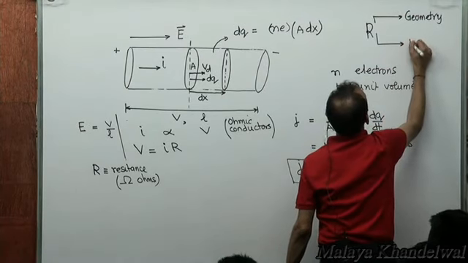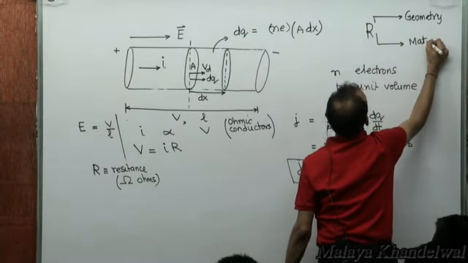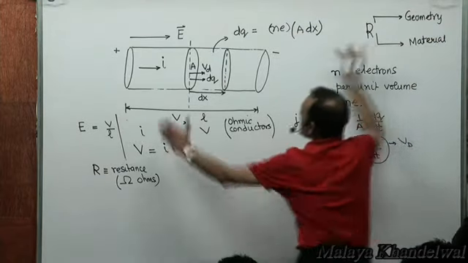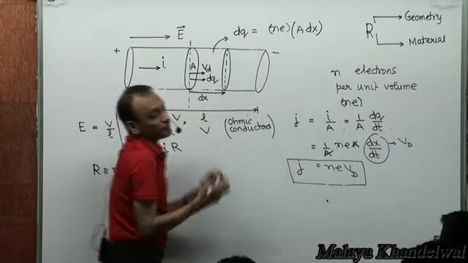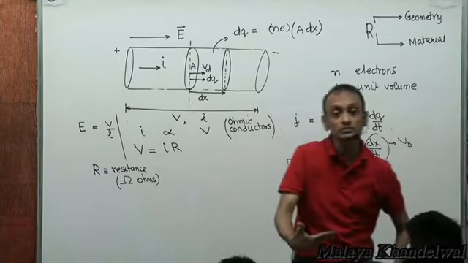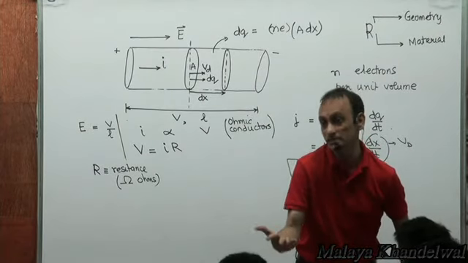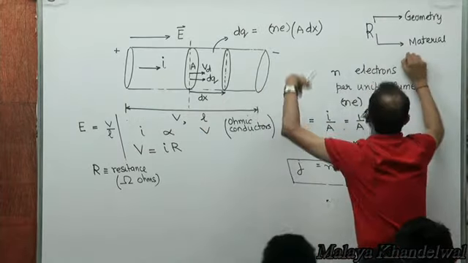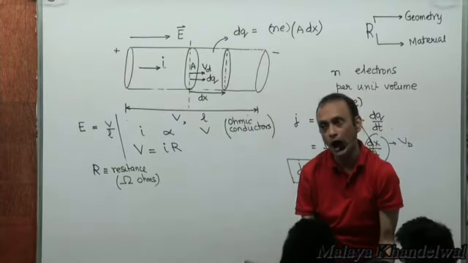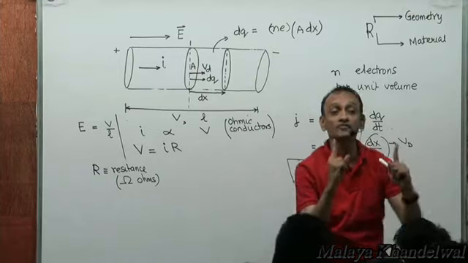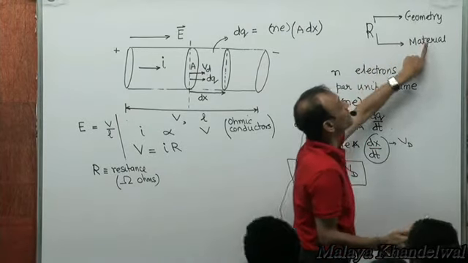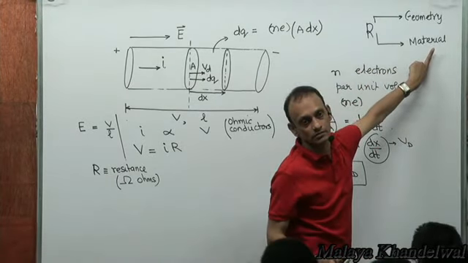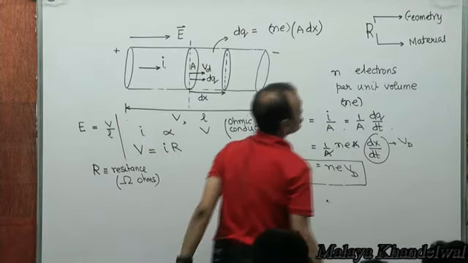Two, the material of which it's made. I could have had the same geometry, same length, same area of cross-section, made out of copper, made out of steel, made out of aluminum. With the same geometry, but using different materials, I get different values of R. So R will depend on geometry and will depend on material. It's called resistance.